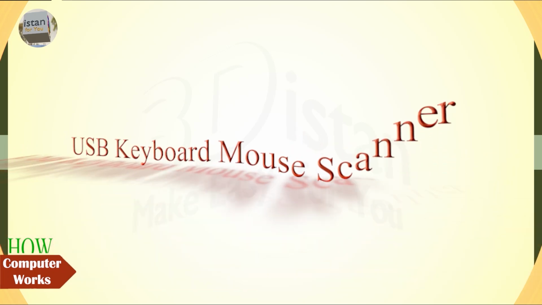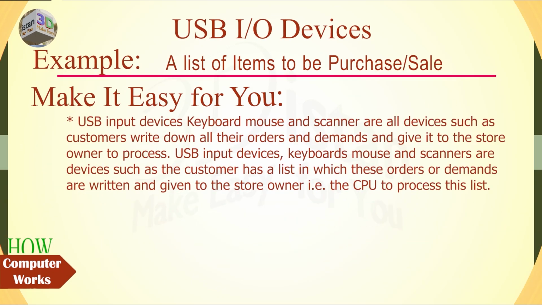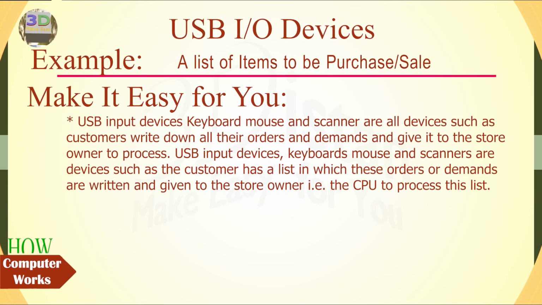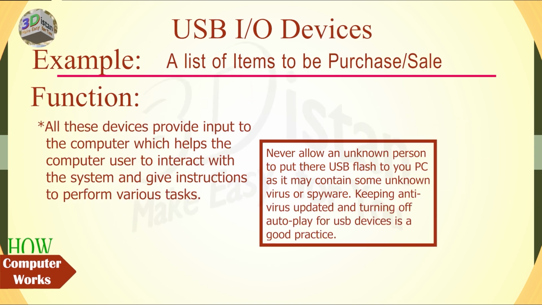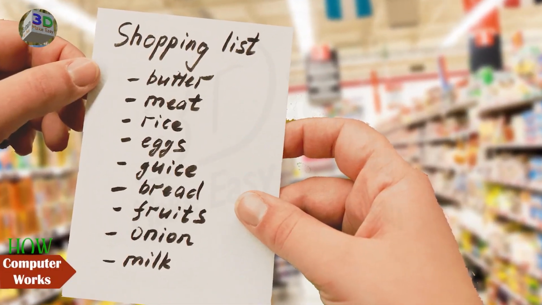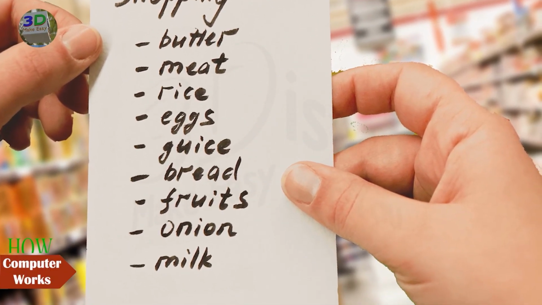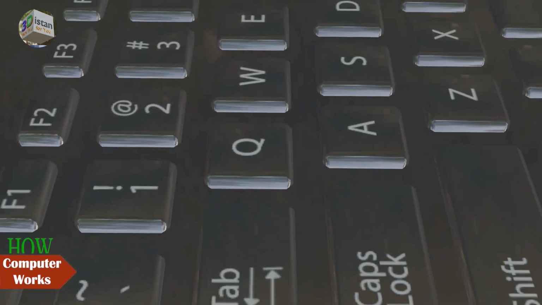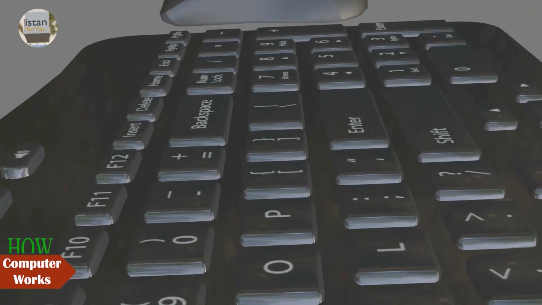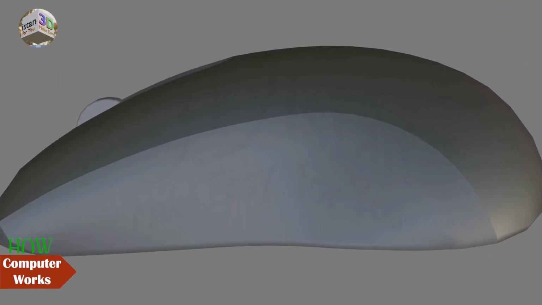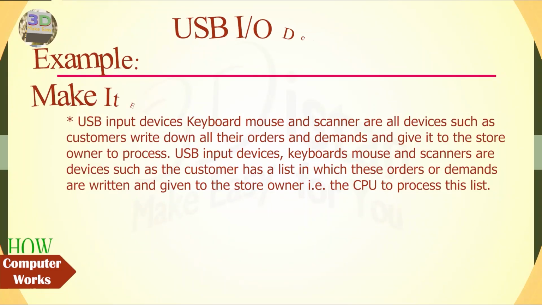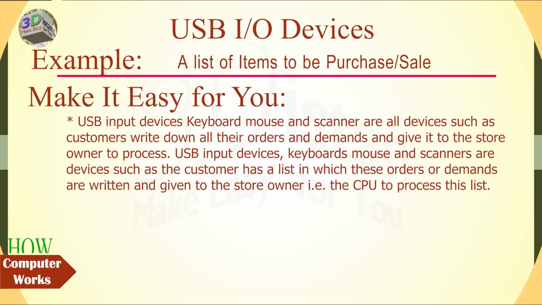USB input devices, keyboard, mouse, scanners. Example: written orders or demands of customers to the store owner, CPU. USB input devices, keyboard, mouse, and scanners are like the orders or demands customers write down and give to the store owner to process.